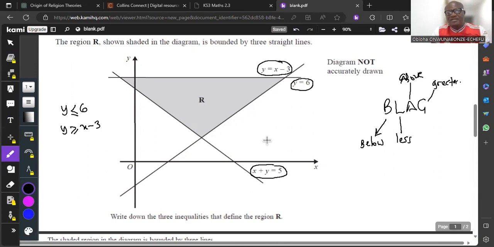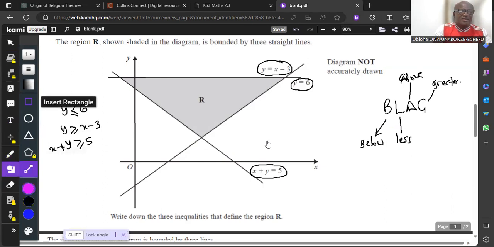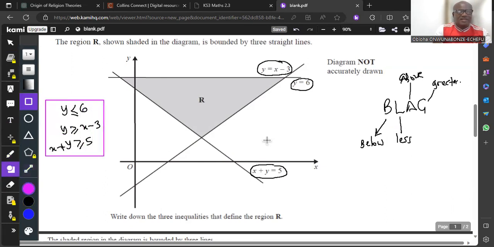Above it is shaded. And because above is shaded, I will also use what? Use greater than. Therefore, x plus y is greater than or equal to 5. So these are the 3 inequalities that satisfy the region marked R.